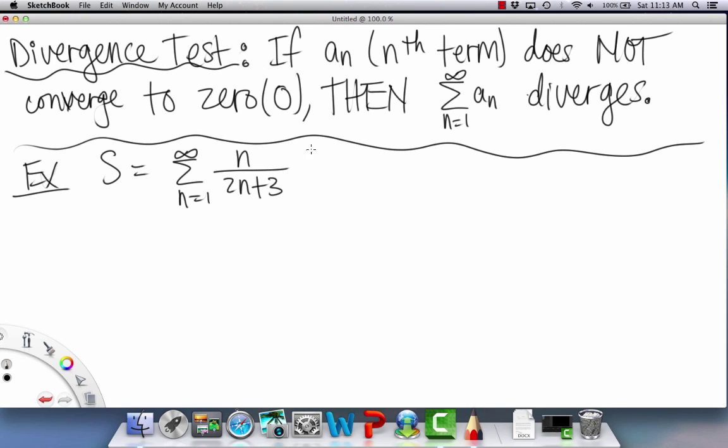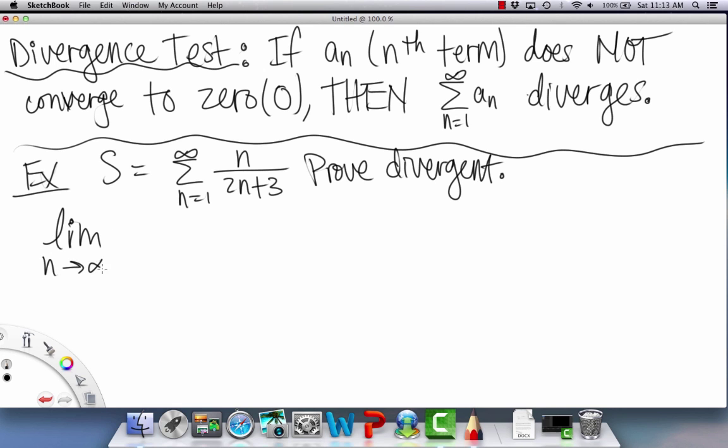For this problem, we're going to prove it divergent. First of all, we have to prove the first part to conclude the second part. So we have to find the if. We're going to find out if the nth term, a_n, actually does converge to 0 or not.